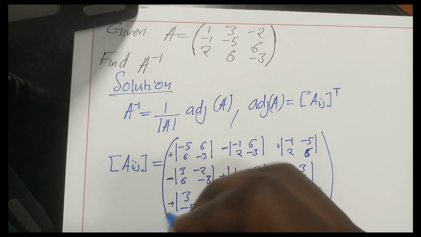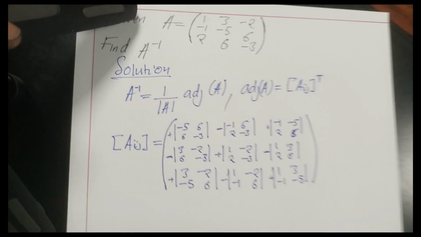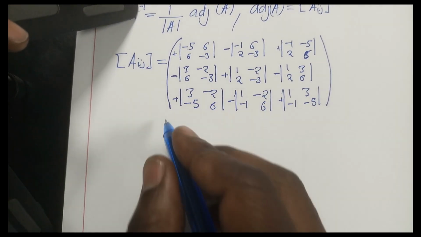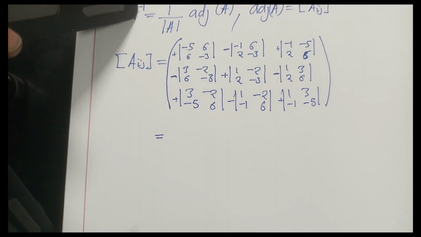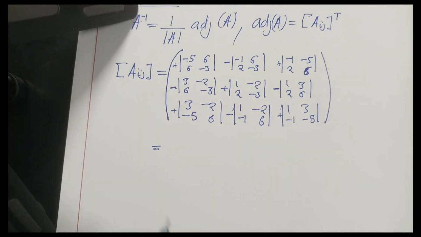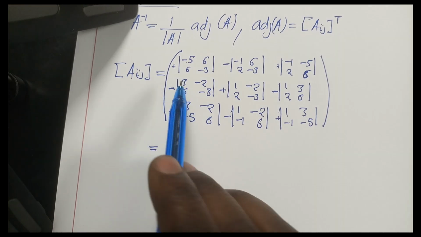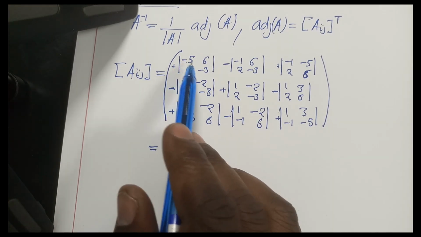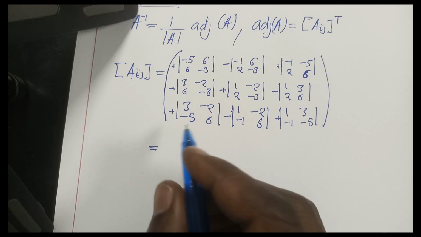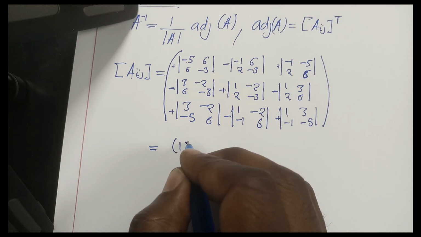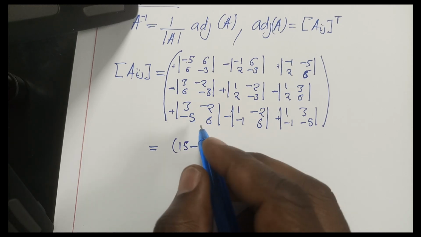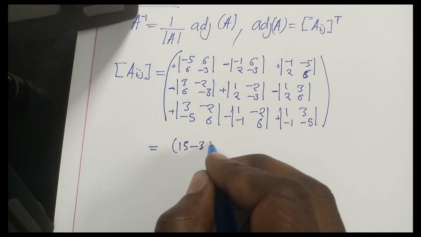What is remaining now is just to evaluate these small determinants. For the first determinant, you're going to say negative 5 times negative 3, that is 15, minus 6 times 6, 36.